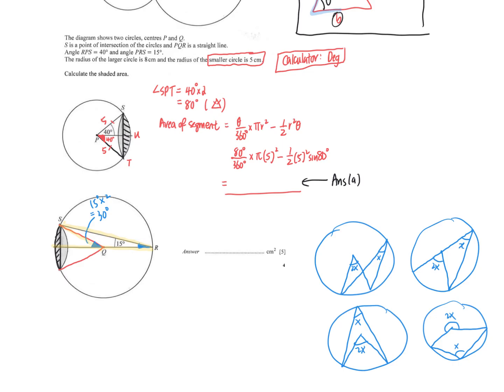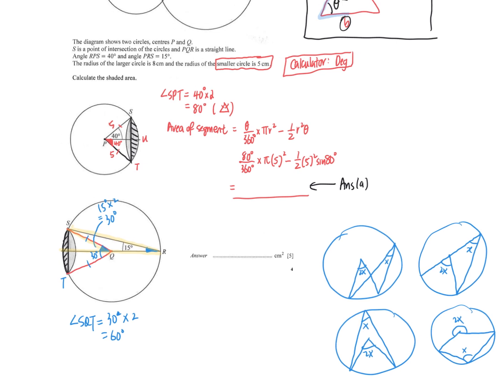So we know that this is 30. Let's call this T. So angle SQT here is 30 times 2. Because I need the angle at center, I need the sector angle.